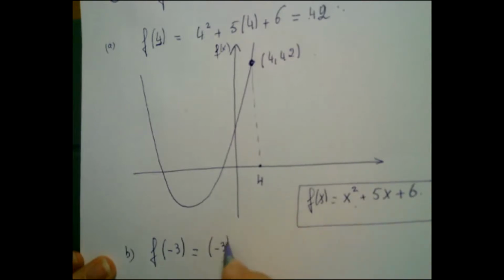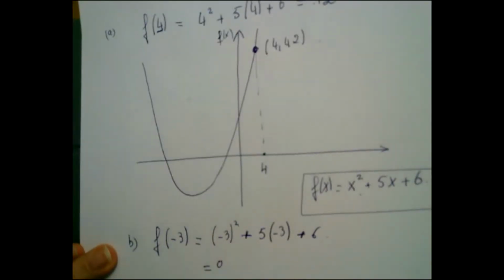It takes -3 and squares it. It adds to it 5 times -3. Then it adds to it a 6. This type of stuff I'm used to, so I feel very happy about this. All right, what's the answer here quickly?